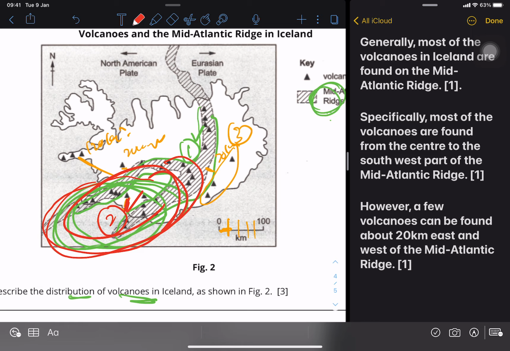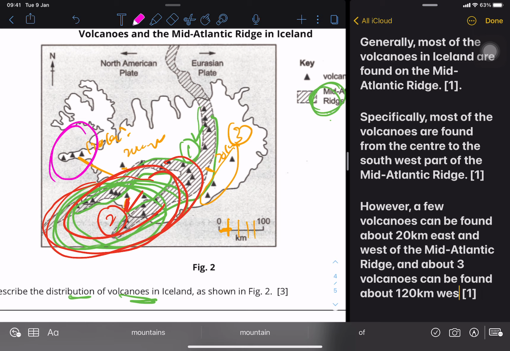Now this alone will warrant 1 mark, but I just want to show you more to talk about, this group of lonely ones. About 3 volcanoes can be found about 120 km west of the mid-Atlantic ridge. Done. So this is what describing distribution is like.